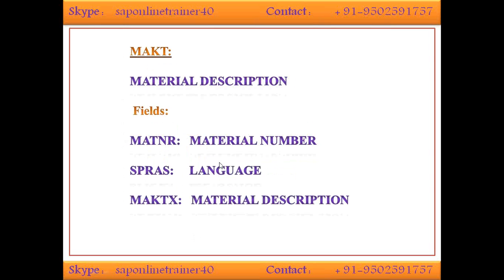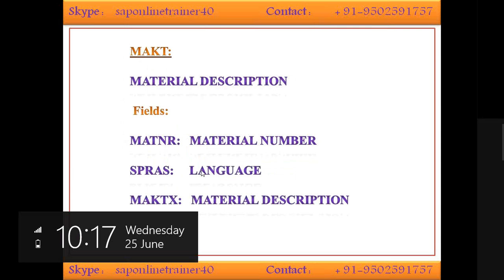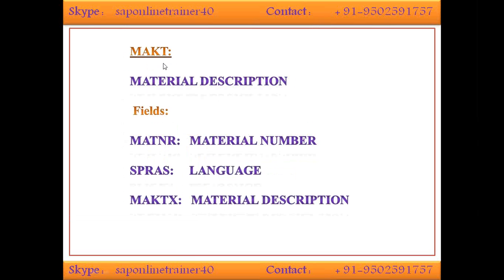Actually, these materials can be available in more than 23 languages. Here, this material is described in which language? That is achieved with the help of the SPRAS field. MAKT is a database table which contains material descriptions. The fields of this database table are MATNR, SPRAS, and MAKTX. It will display in which language it is available.